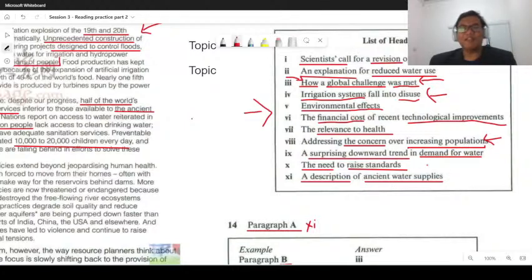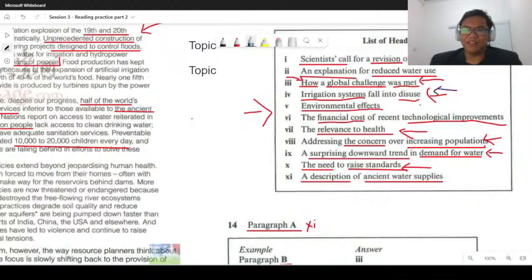All right, so there are some headings we've realized that don't actually tell us whether it's positive or negative, because we need more context for that. Okay, I'm just going to use a different color here so that it doesn't get confused.